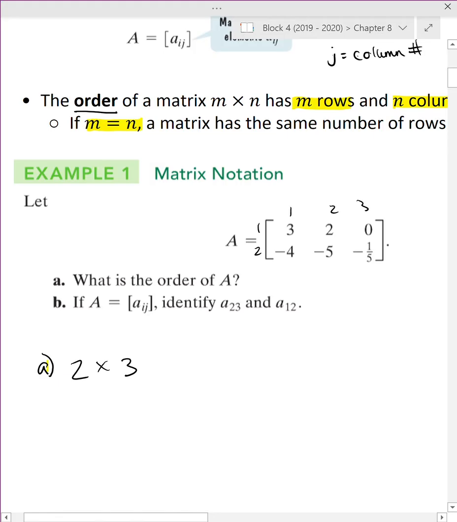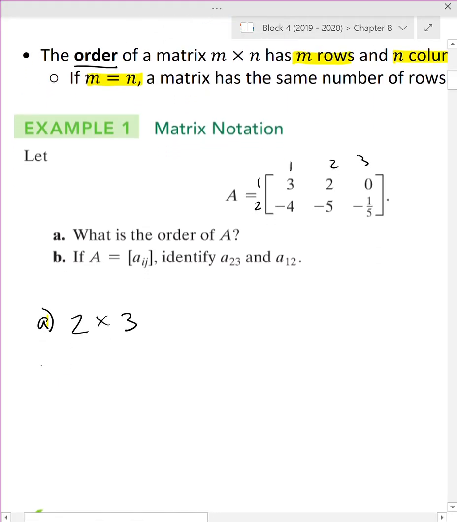So that's just the order. Then when they ask us stuff like identify A23 and A12, since it is lowercase, they're talking about what number within matrix A falls in 2, 3. Talking about row 2, column 3.